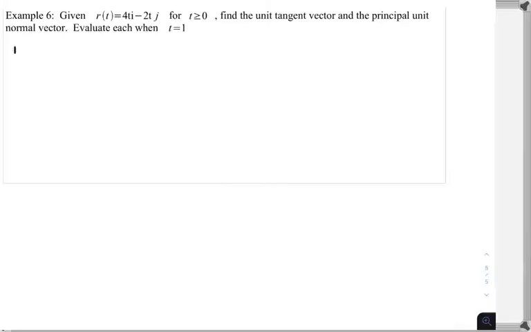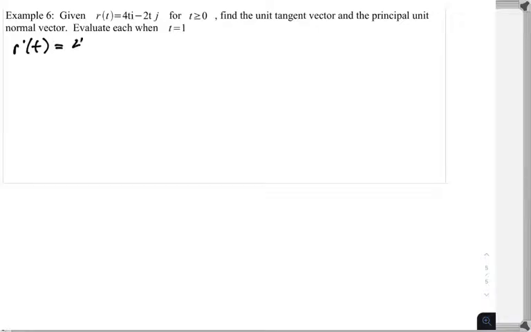Okay, all right, I got one more example here. We're given the vector-valued function r of t, which is 4t i minus 2t j, for t greater than or equal to 0. We're going to find the unit tangent vector and the principal unit normal vector, and then we're going to evaluate each at t equals 1.